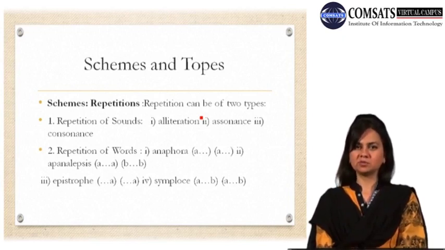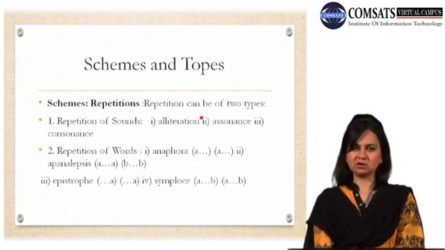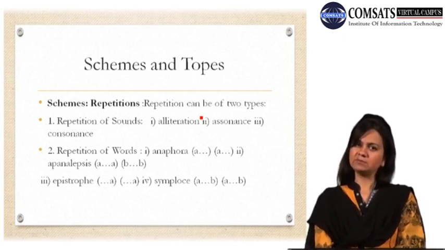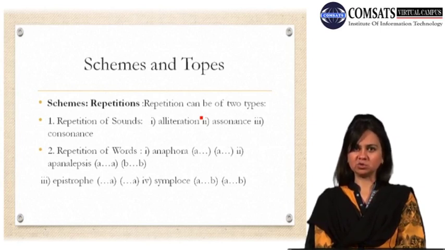What are the theories proposed by the formalists which make up the basis of stylistic analysis, and how in contemporary times stylistic analysis has come to be labeled as an analysis which takes into account not just linguistic analysis but also discourse analysis. So I hope that you understand the concepts that I tried to revise with you, and inshallah if you keep these guidelines in your mind, you will be able to perform a very comprehensive, detailed and accurate stylistic analysis of any literary as well as non-literary text.